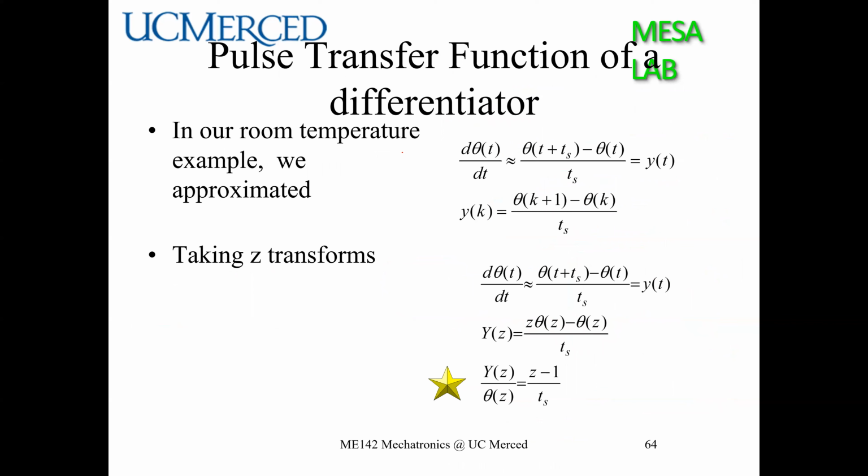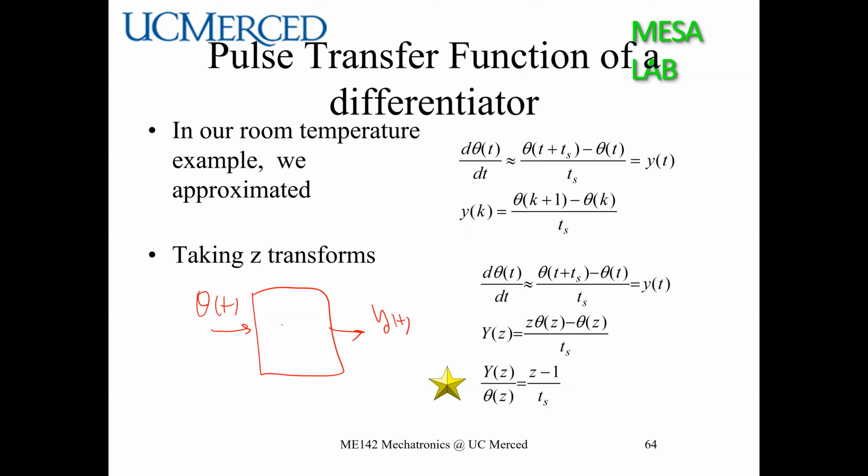So let's do something called the z transfer function of a differentiator. Say, for example, I have a signal in here, okay? So this signal is called theta t, coming in here, you get yt, okay?